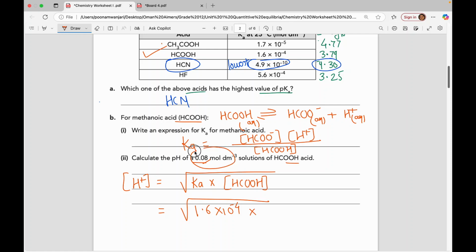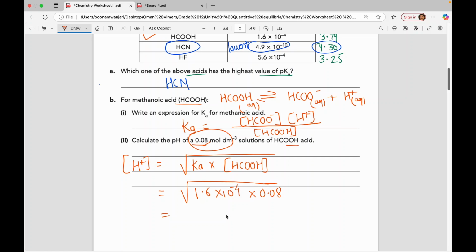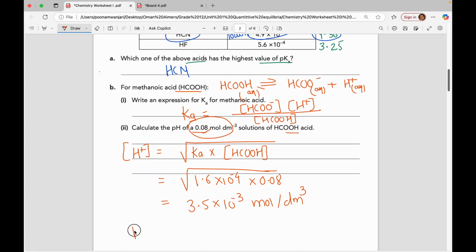This is the concentration of acid, it is 0.08. Calculate, student. It is equal to 3.5 into 10 to the power minus 3. This is a concentration, so write the unit mole per cubic decimeter. After getting H plus, it is very easy to get pH. pH is equal to negative log to the base 10 of the concentration of H plus.